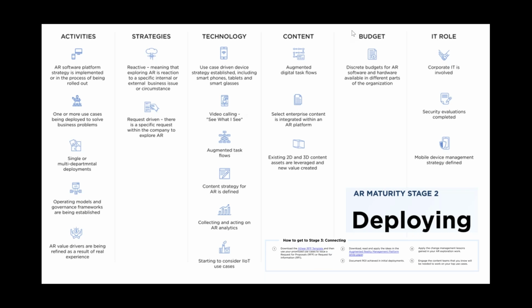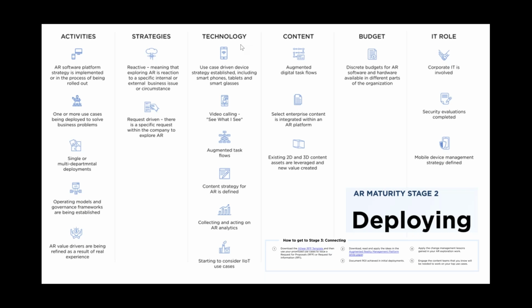Yeah, and so here we get into the detail of what it looks like to deploy. A couple of key things here: typically the strategy at this stage is still somewhat reactive. You're still reacting to whatever drew you to deploy in the first place, the specific requests or business needs that drove you to explore AR.